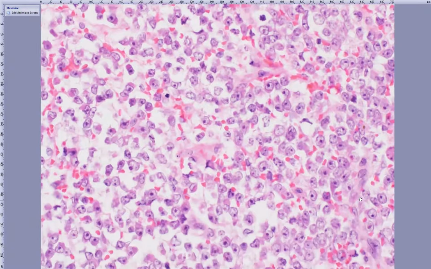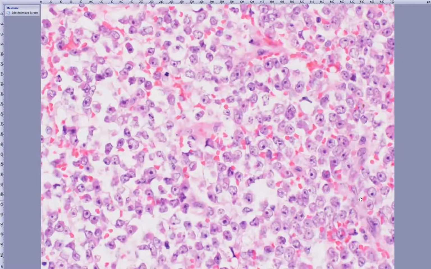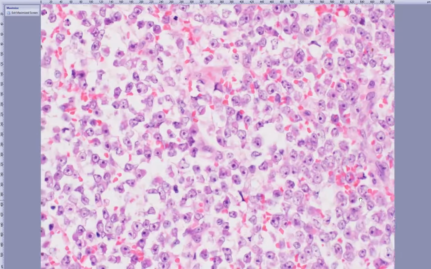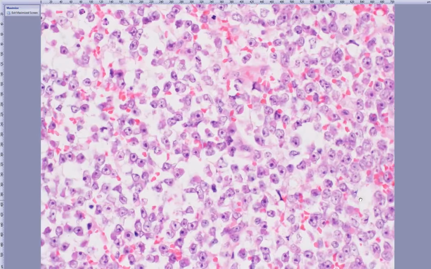Now, please don't confuse that with rhabdomyosarcoma or rhabdomyoma. Rhabdomyosarcoma and rhabdomyoma just have a similar cellular appearance at times to rhabdoid tumor, but they are two completely different tumors. Rhabdoid tumor is not skeletal muscle derived, so it really doesn't have anything to do with it. It's just an appearance descriptor.